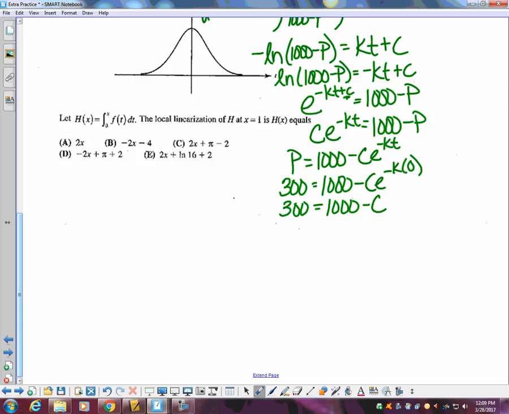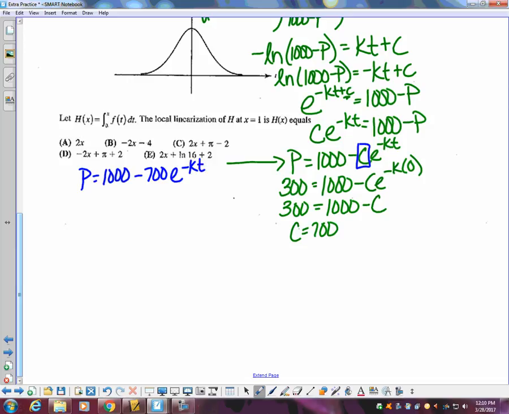Then if I subtract the 1,000 over, that's going to be negative 700 divided by the -1. So c equals 700. Going back here, I put my 700 right here, so I have P equals 1,000 minus 700 e to the negative kt.